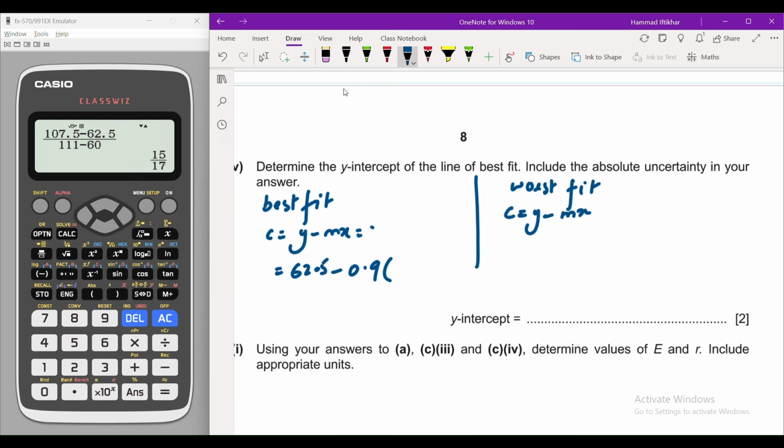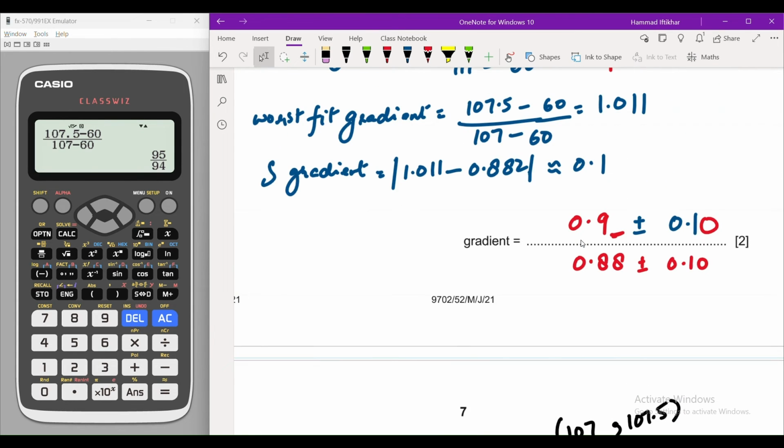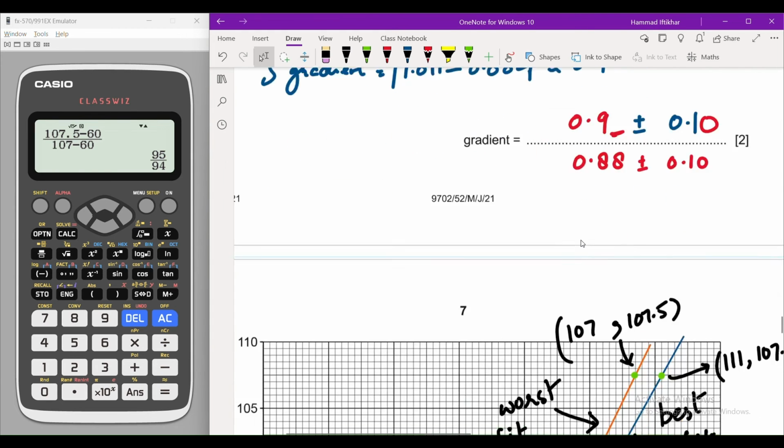You can take 0.88 also, that's fine. And for the worst fit, let's take 60 minus 1.011. Actually, let's take the slightly better ones, 0.88 and 1.01, to two decimal places.